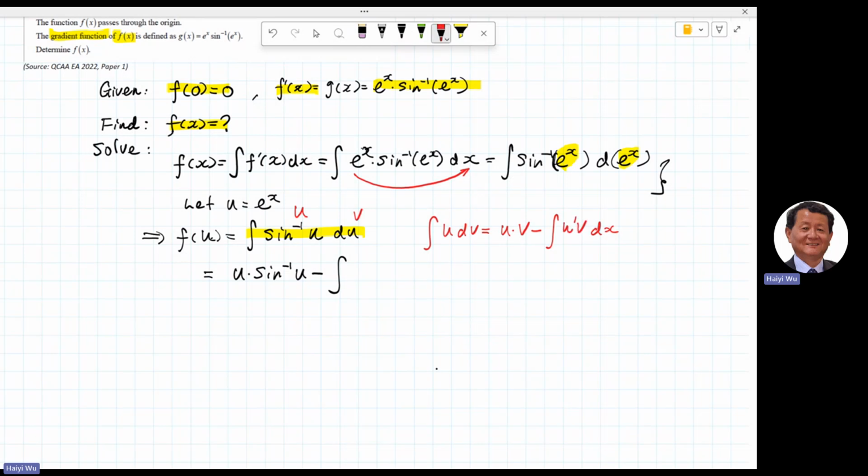The derivative of u, v. Okay, derivative of u means we differentiate inverse sine u, according to the formula in QCAA, which is 1 over the square root of 1 minus u squared, then times v, which is u, dx.